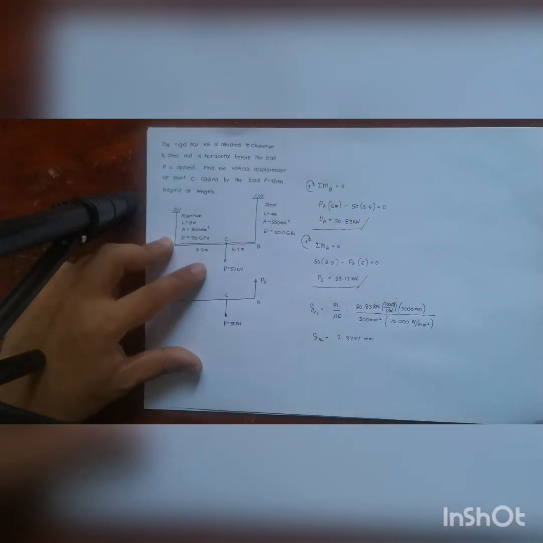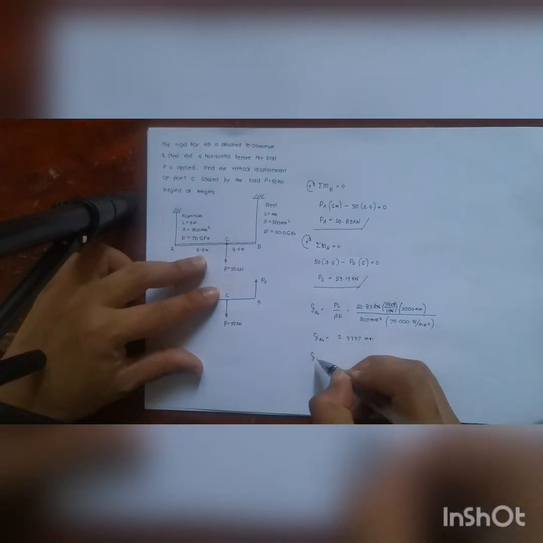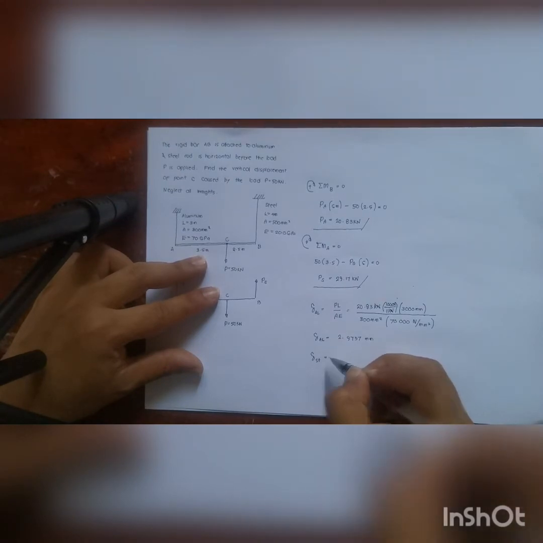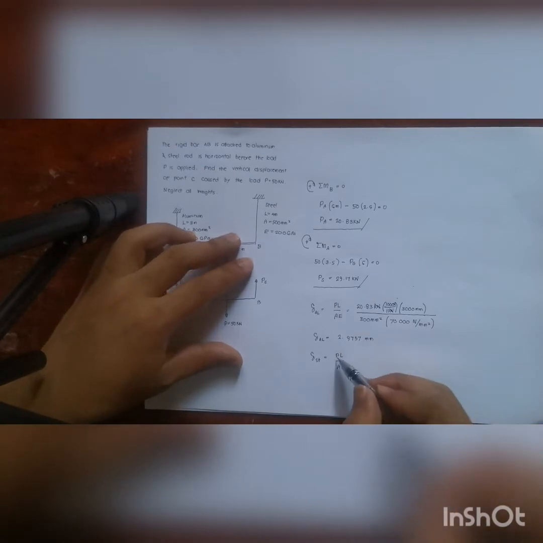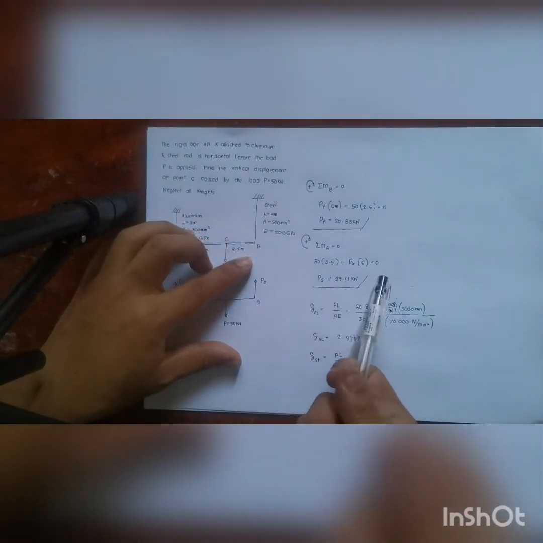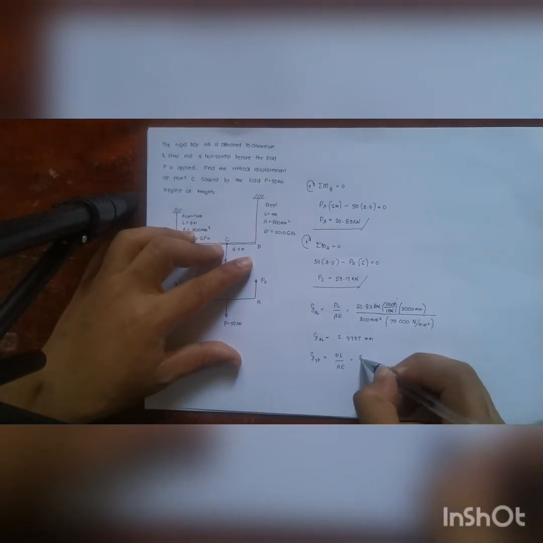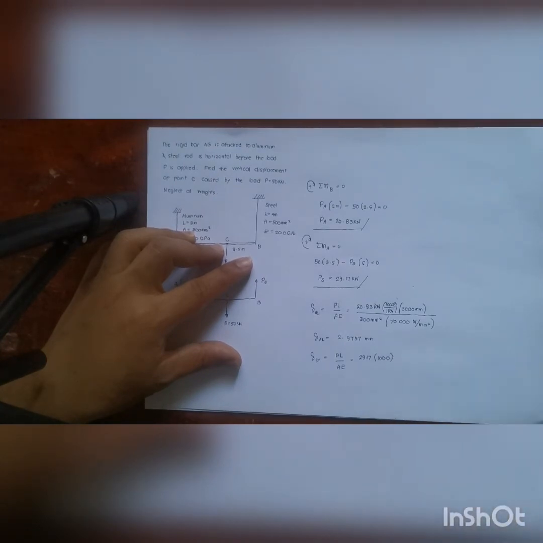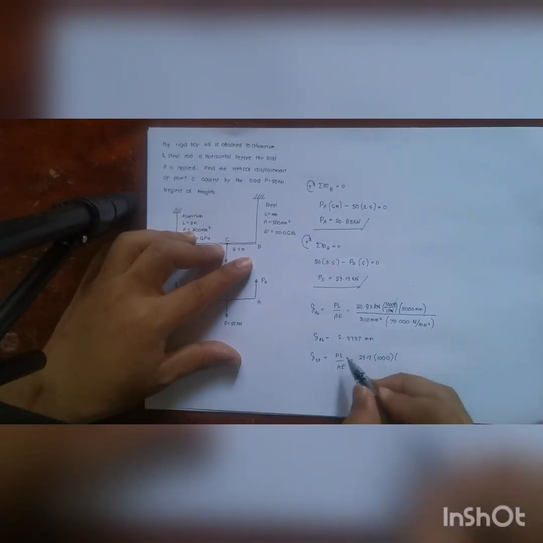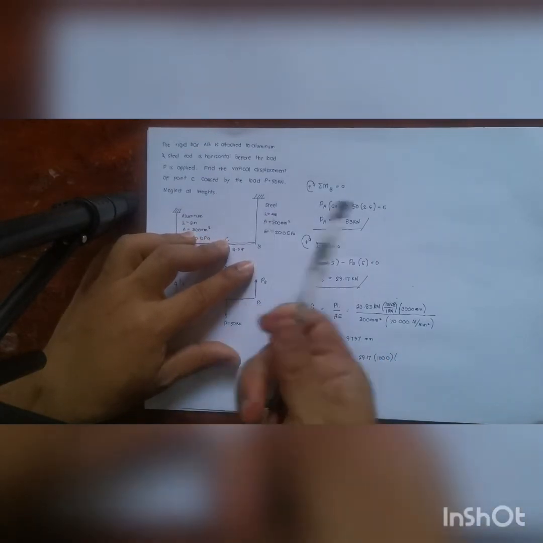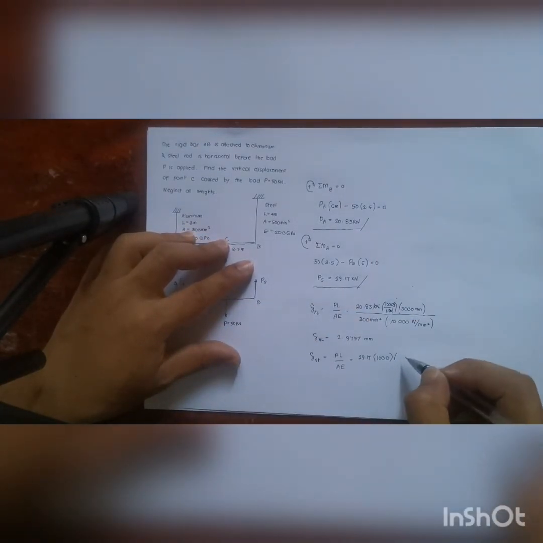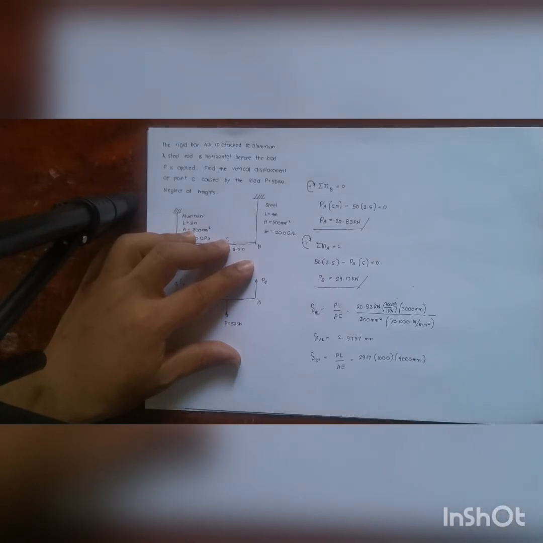millimeters. And then, solving for the deformation of the steel, that is steel PL over AE. Ang load ni steel, na-compute na natin kanina, 29.17. Gagawin lang po natin siyang newtons, 29.17. Multiply lang natin ng 1,000. And then, multiply by the length of steel, nakalagay sa ating problem, 4 meters. Gagawin natin millimeters, magiging 4,000 millimeters.